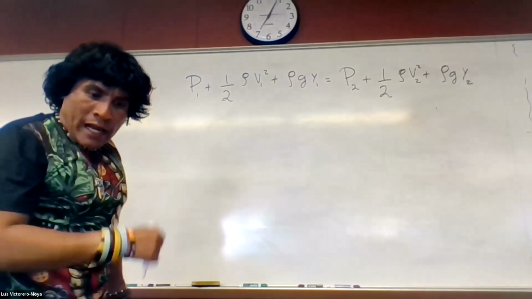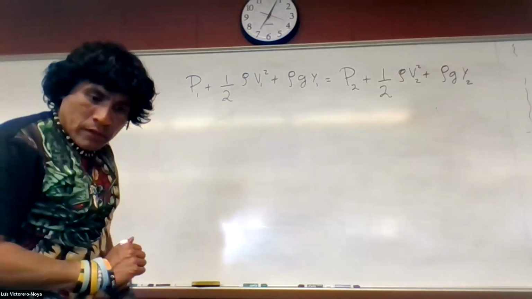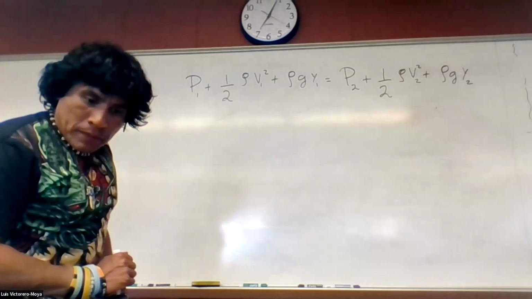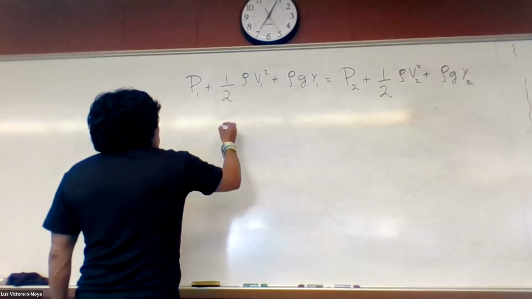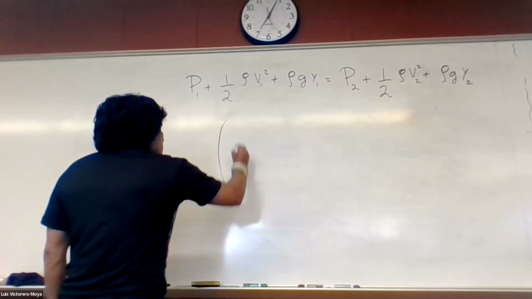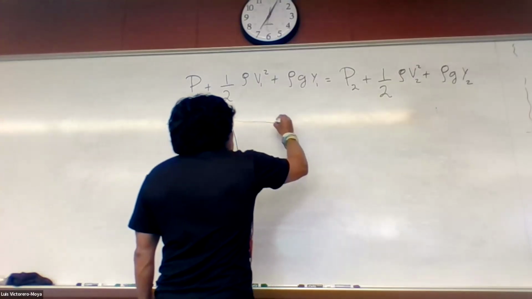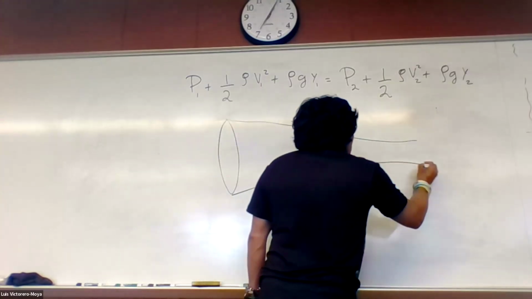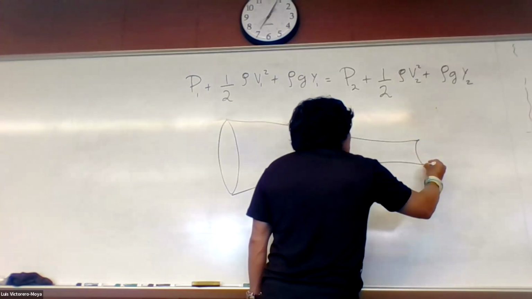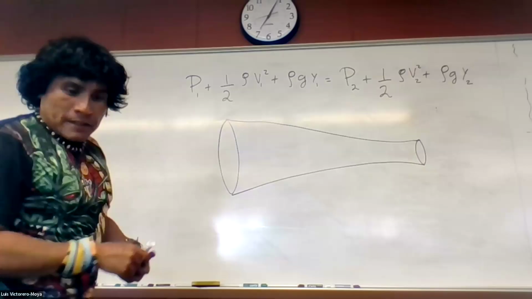This one, they give you a liquid that is flowing horizontally through a pipe. So first you have a larger cross-sectional area, and as it flows, it goes to a smaller cross-sectional area. All right.